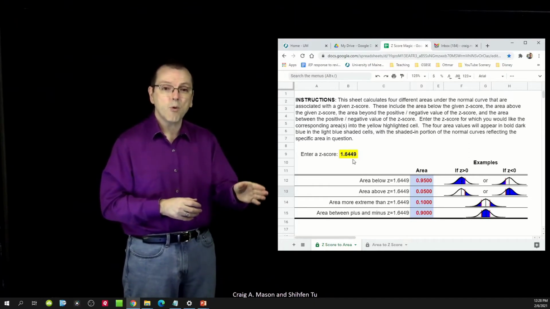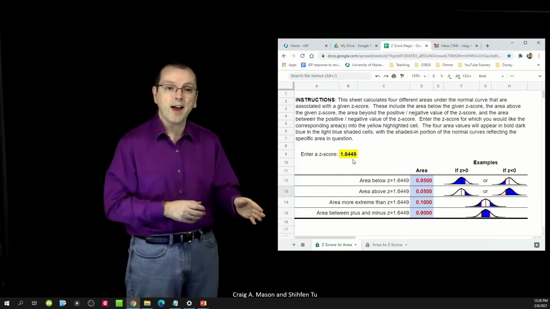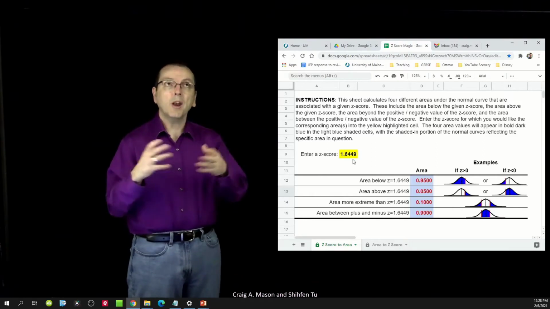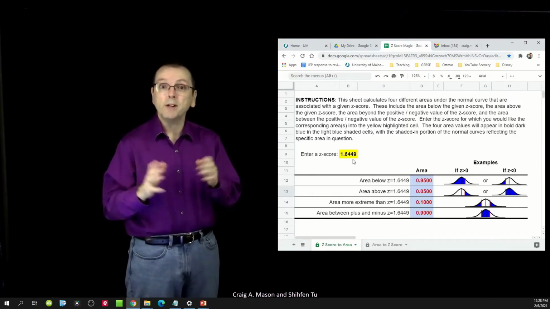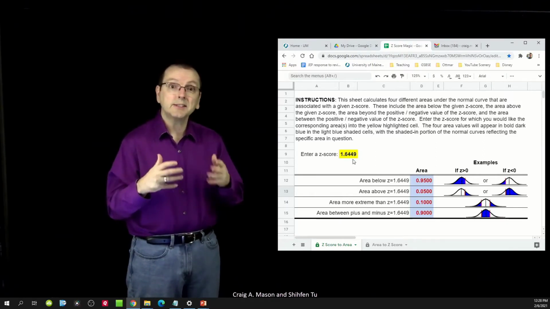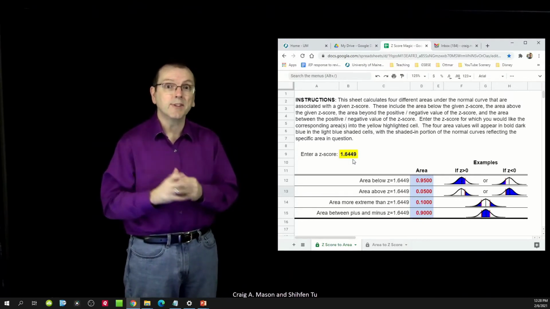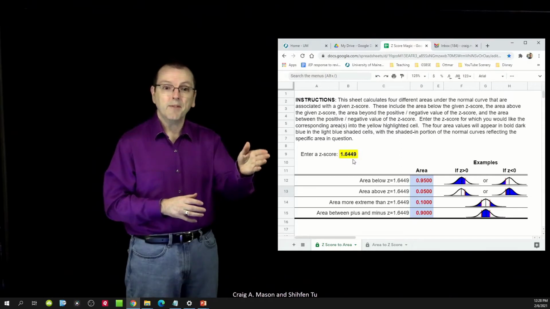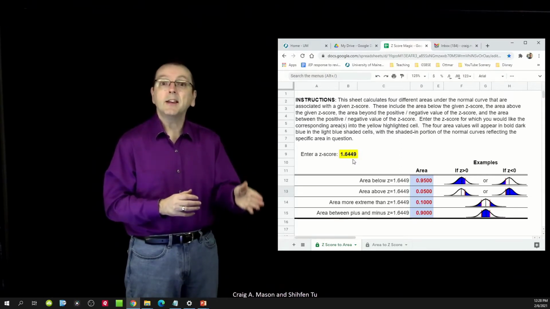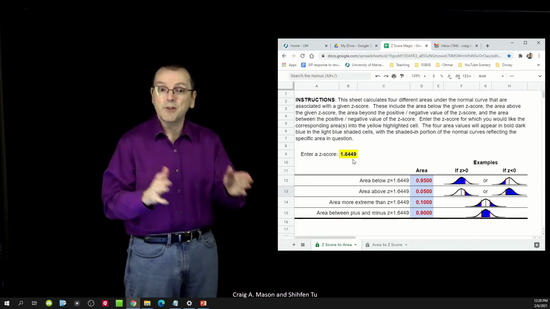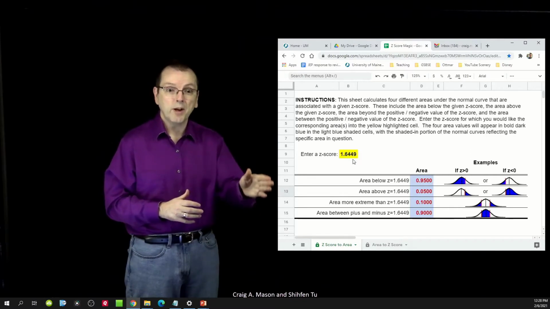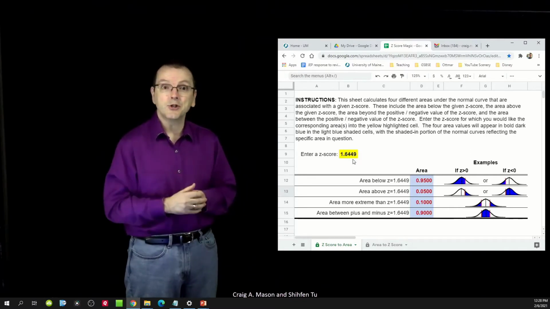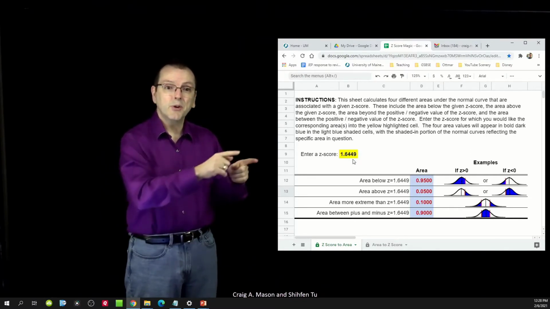Then we have 4 different answers under that, and those 4 answers relate to the 4 types of questions that we discuss in the Magic Words video, right? So you enter your z-score up here, and then based on the specific nature of the question you're asking, one of these will be the answer that you need.